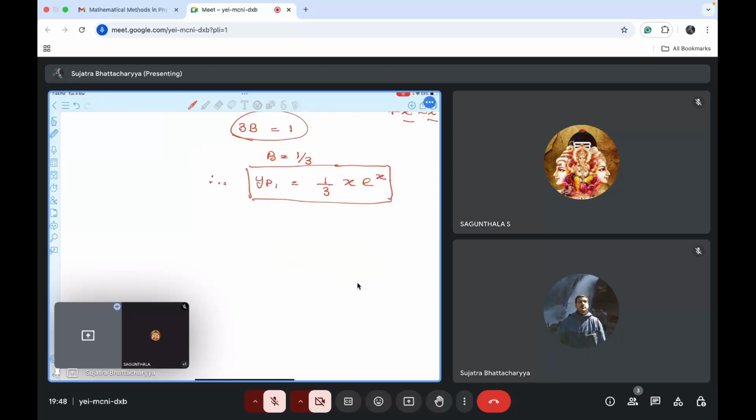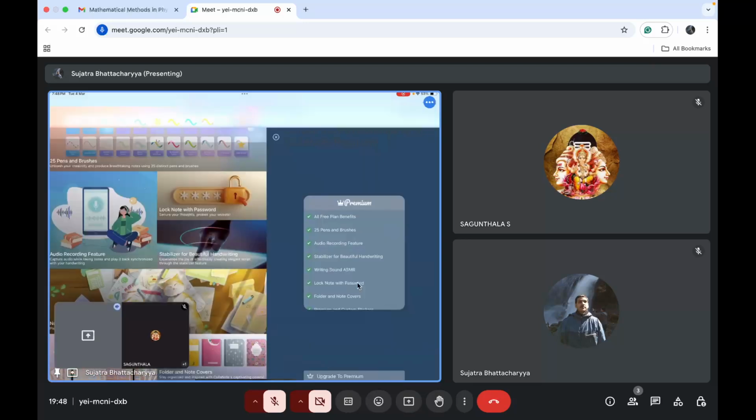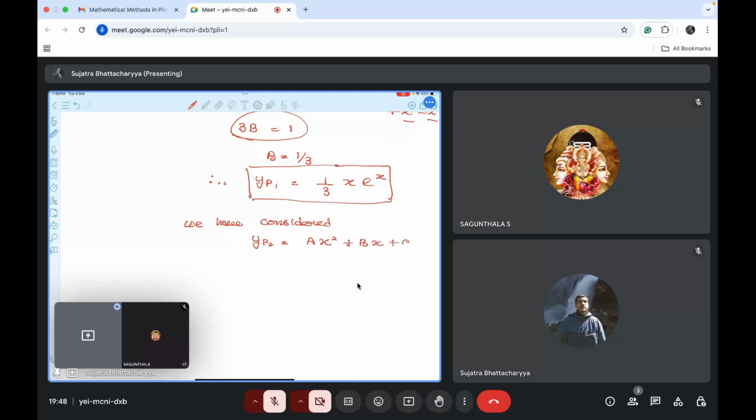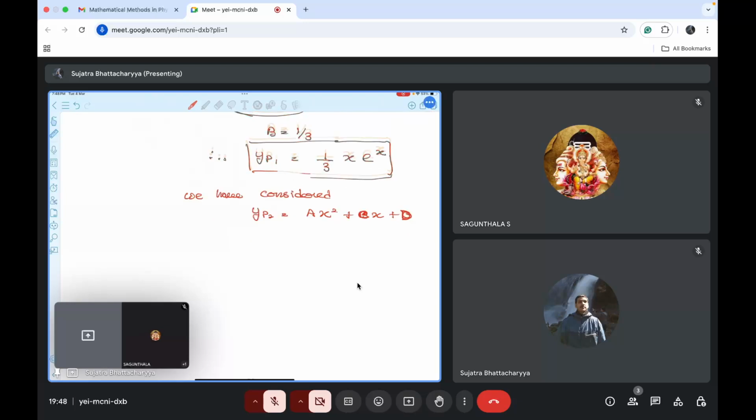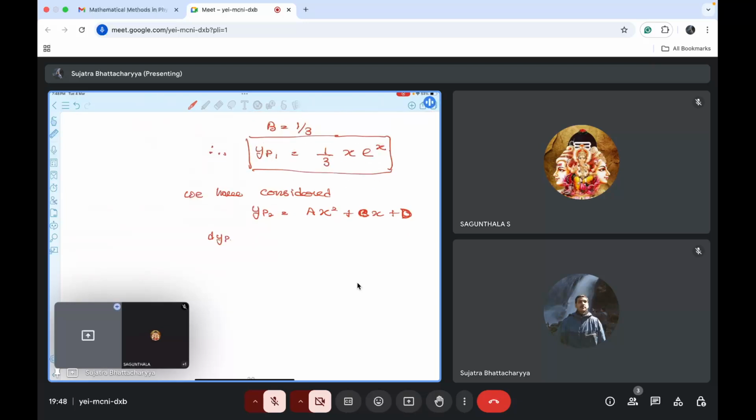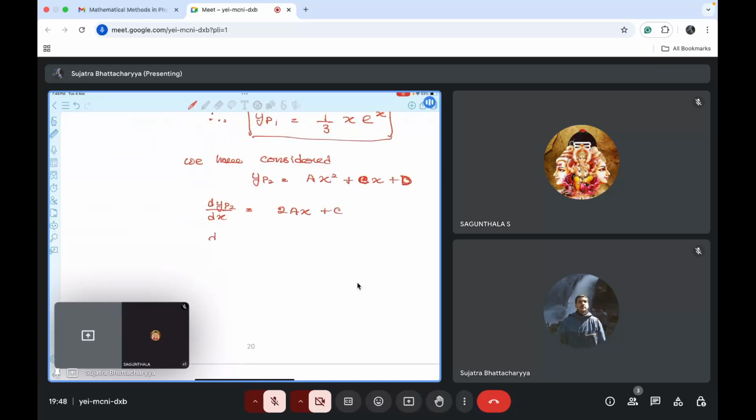What about yp2? So we have considered yp2 as ax square plus px plus d. Sorry, not bx, cx plus d. So just put it. So dyp2 by dx will be equal to 2ax plus c. d2yp2 by dx2 will be equal to 2a.